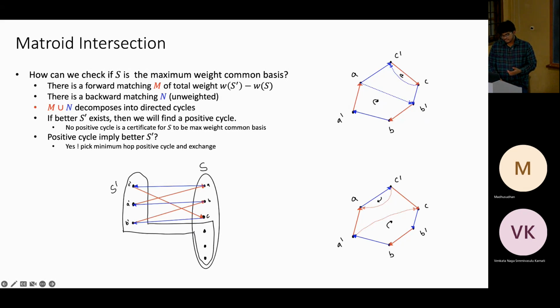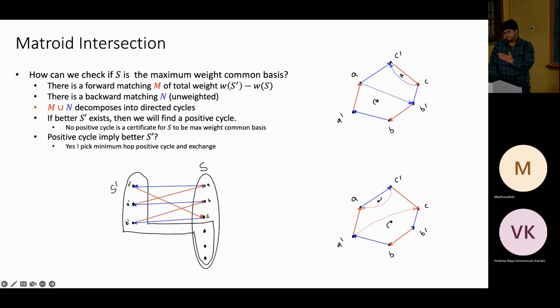How is that? Suppose not. If S dash is not an independent set, suppose in the first matroid I1, then by contrapositive you need to have another matching. If the blue matching is unique, then you know that S dash is an independent set in the first matroid. So there should be another blue matching.